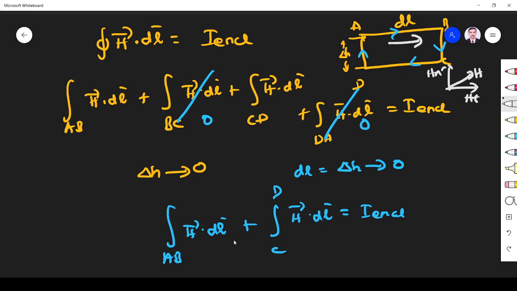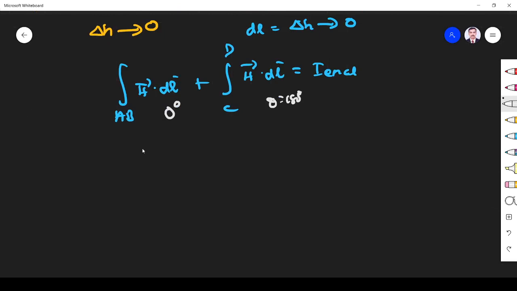So what is the angle between them? In AB, it is 0. In CD, the tangential component goes in this direction, but dl is in the opposite direction. So the angle is 180 degrees, right? Yes or no? Now we apply the rule.